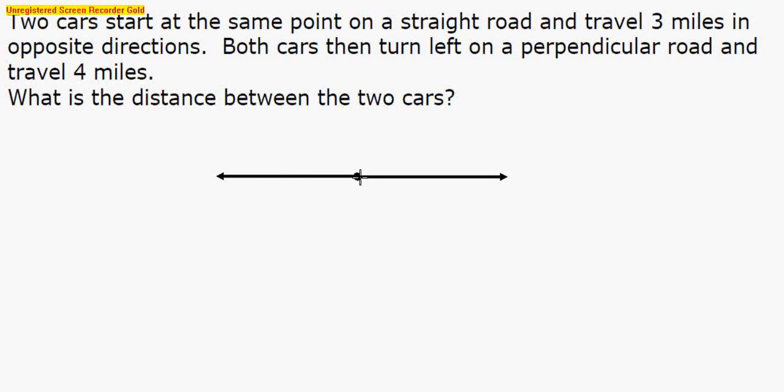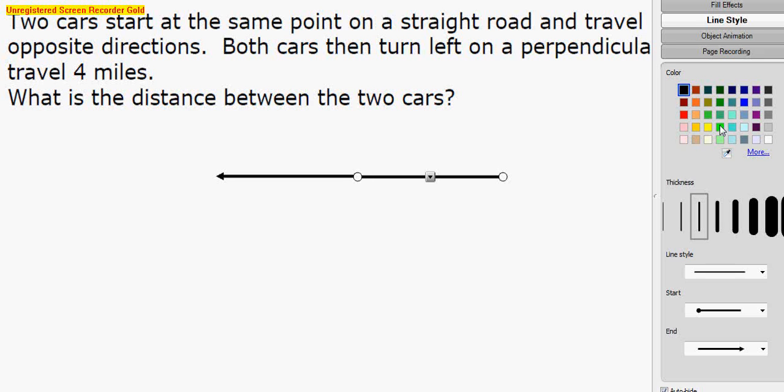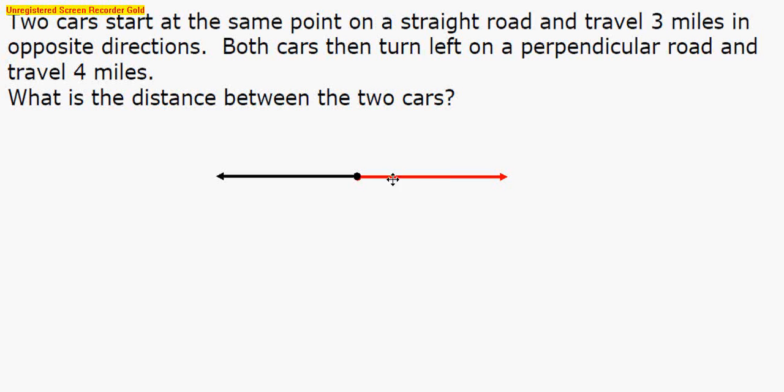Maybe I can give these different colors. The red car is going to the right, and the black car is going to the left, and they both went 3 miles. As we're reading the question, we are writing down what information we get. So this is 3, and this is also 3.